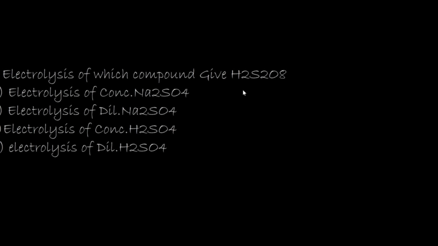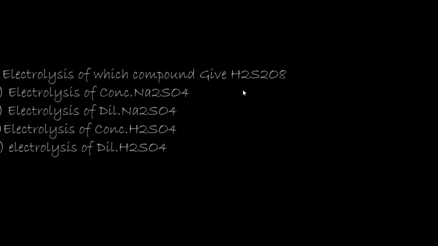Let's move on. Electrolysis of which compound gives H2S2O8? The options are electrolysis of concentrated Na2SO4, electrolysis of dilute sodium sulfate, concentrated sulfuric acid, and dilute sulfuric acid. It seems like an NCERT question, isn't it? But it is not. They gave a twist in this question from the NCERT question.